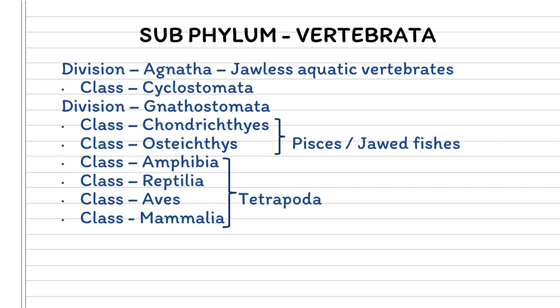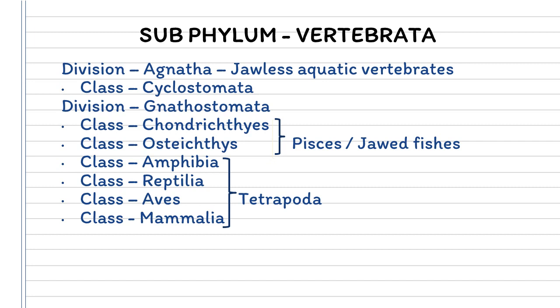The classes are Cyclostomata, Chondrichthyes, Osteichthyes, Amphibia, Reptilia, Aves, as well as Mammals or Mammalia. These are the 7 classes belonging to the subphylum Vertebrata.